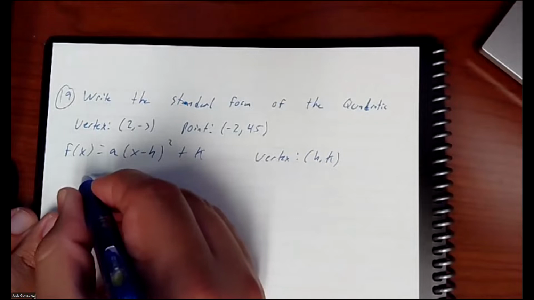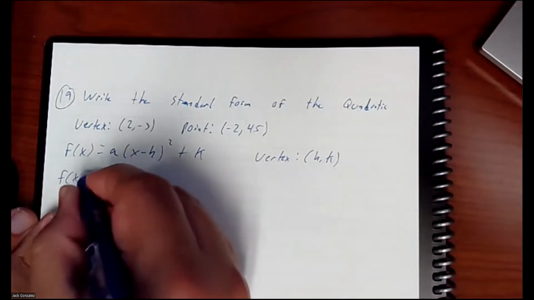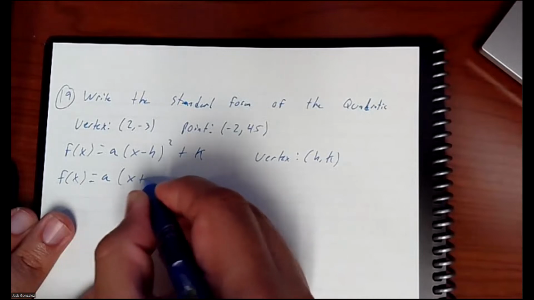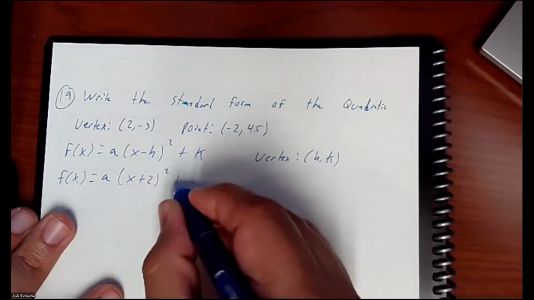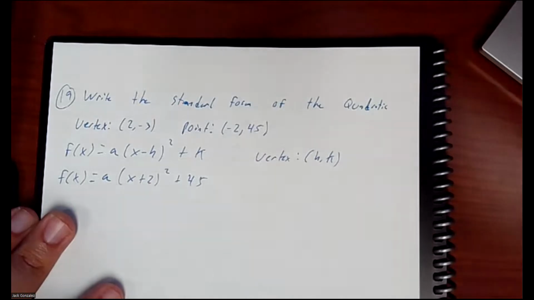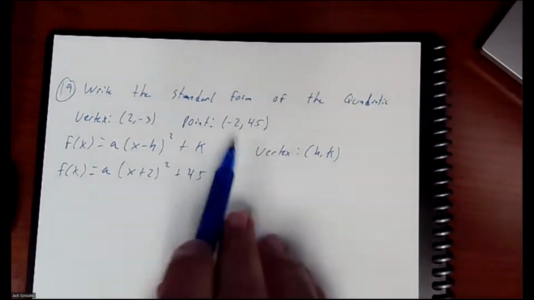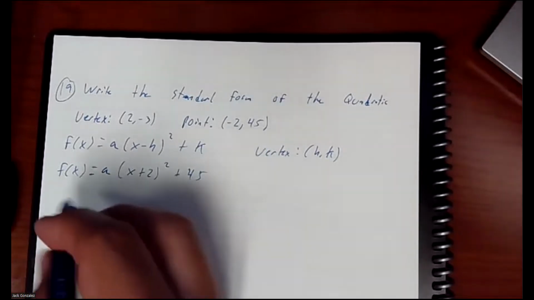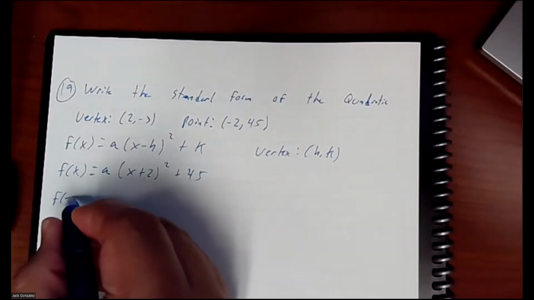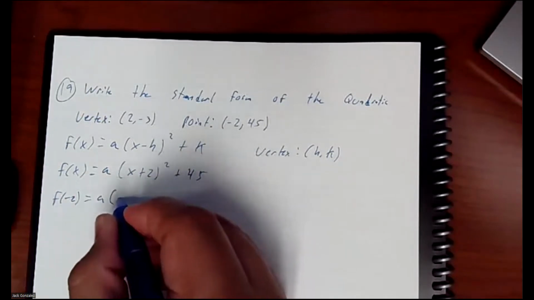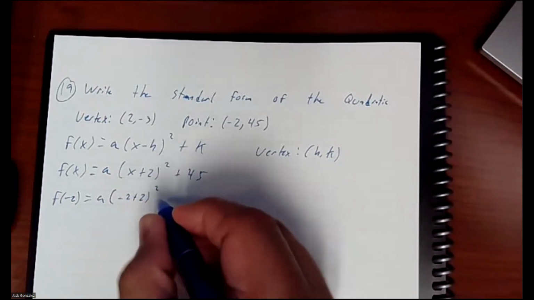So our answer would be a times x, opposite here. And then this one's just straight up, whatever it is, okay? But to find the lowercase a, you gotta plug in this term. So plug in the -2.